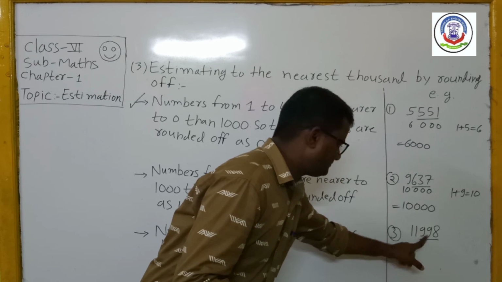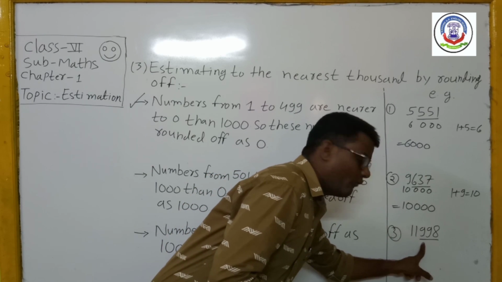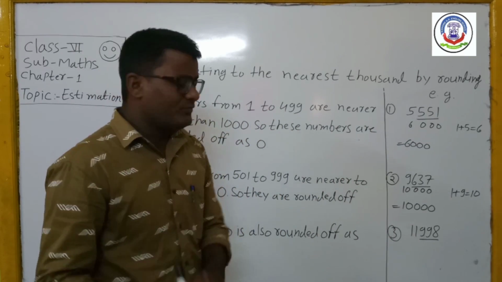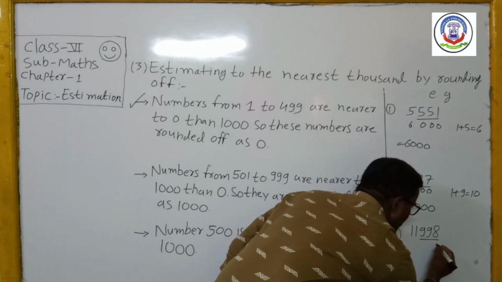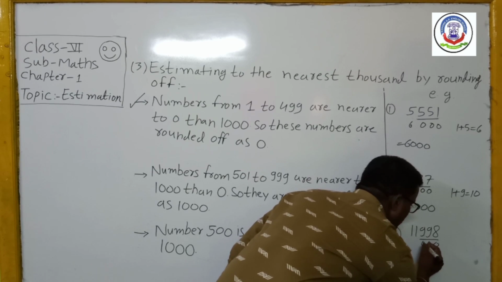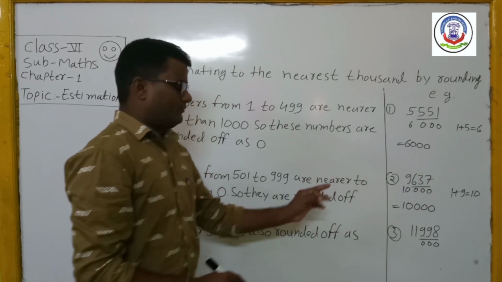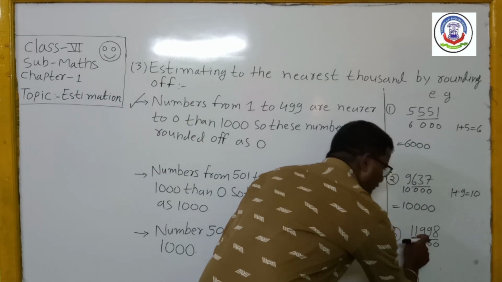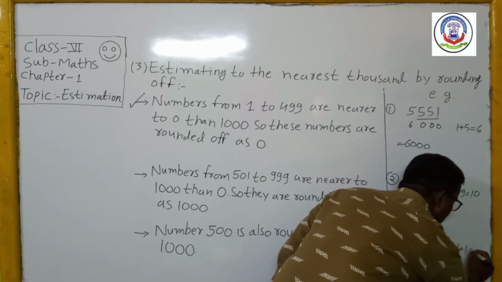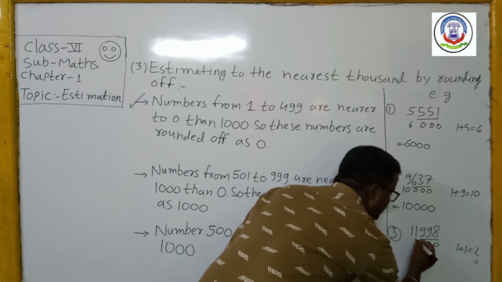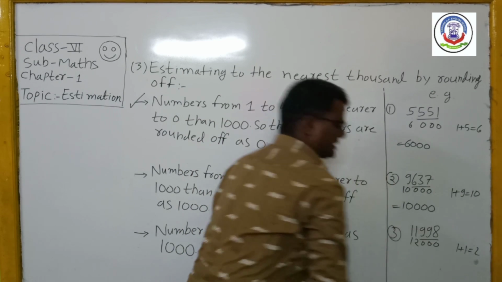Okay, remember that 1 is added to the 1000 place digit. Okay, now I write 000 below these digits and add 1 to 1, so it will become 2. So I write 2 below this one and 1 as it is.